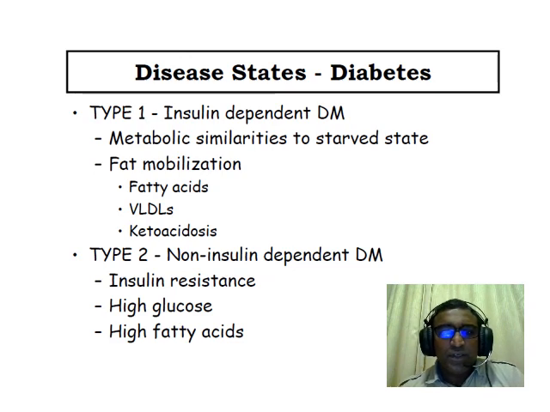So this is diabetes, which can be divided into two types, that is type 1 as well as type 2. Type 1 is also known as juvenile diabetes, where the person has a defective gene and is born with the condition.